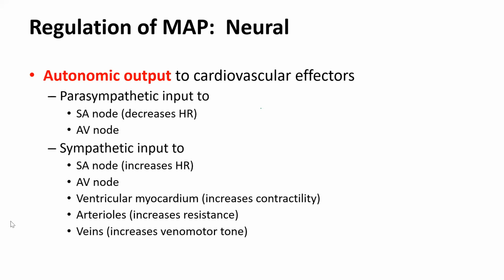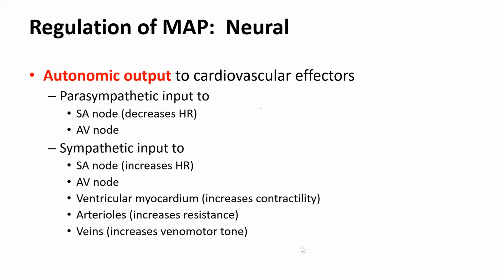It can also increase our arterial resistance by influencing the state of our smooth muscles on arterioles. So we talked about this, the fact that the sympathetic nervous system via norepinephrine and alpha adrenergic receptors creates that contraction of smooth muscle, which increases resistance in arterioles. And that would too increase mean arterial pressure.